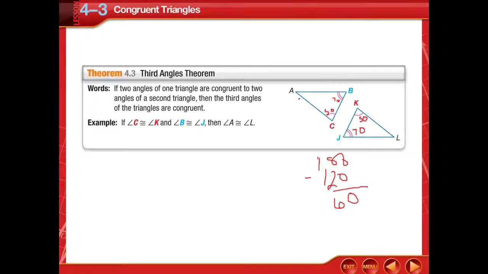And it doesn't matter whether the 60 degrees is A or L. There's only 180 degrees in each triangle, which means that if these two angles are the same, mathematically the third is going to be the same no matter what. And this is true regardless of the measurements of angles B and C and K and J.